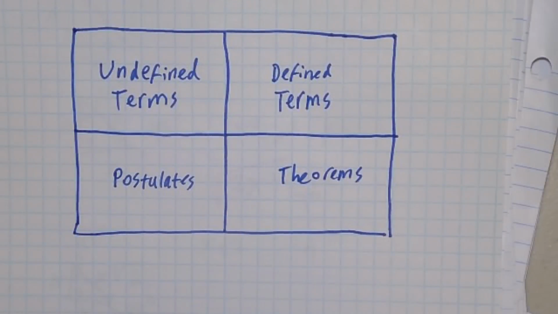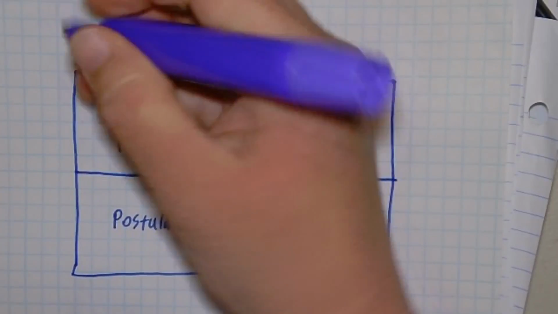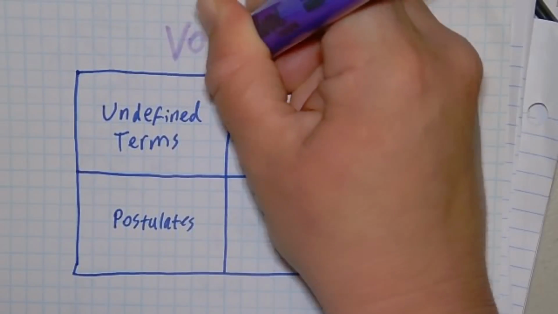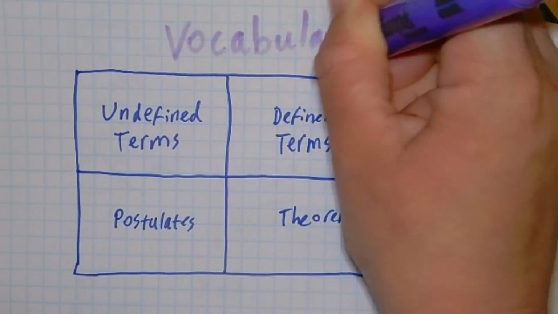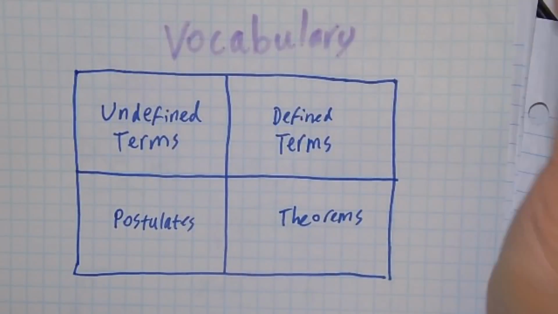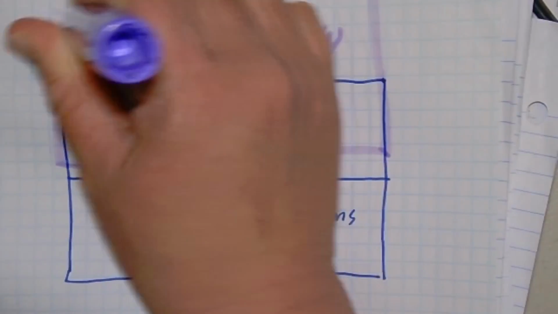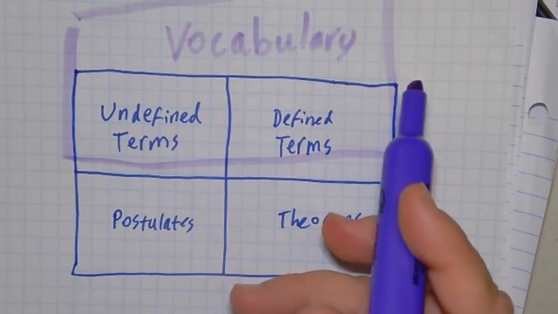So, defined terms and undefined terms are both vocabulary words. These are things like line or angle. They're things we have definitions for. So you can think of those as both vocab words. And the difference is how precisely we've defined them.